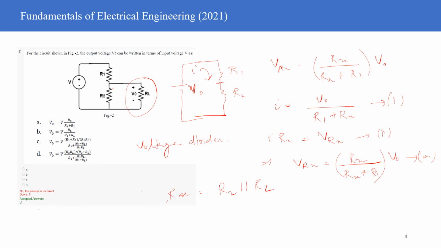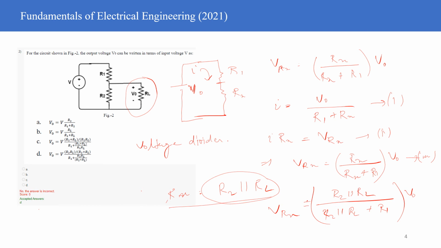So if I substitute this particular term here, what will I get? I'll get the potential across RL, right? Because Rx is nothing but the parallel connection of these, and we have understood that the potential across any one of them is the potential across the other, correct? So you will have something like R2 parallel RL upon R2 parallel RL plus R1, into V naught, is equal to Vrx, correct?